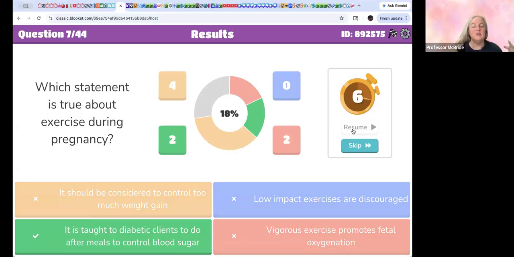We don't want her to do anything that's super vigorous. We don't want her doing things that are potentially dangerous. So low impact exercise is good, like yoga and swimming and walking. But we definitely do teach it to diabetics as a means of controlling blood sugar. So if she's had diabetes before she gets pregnant, or if she develops gestational diabetes, exercise, especially after meals, can help control her blood sugar and help keep it nice and steady. Okay.